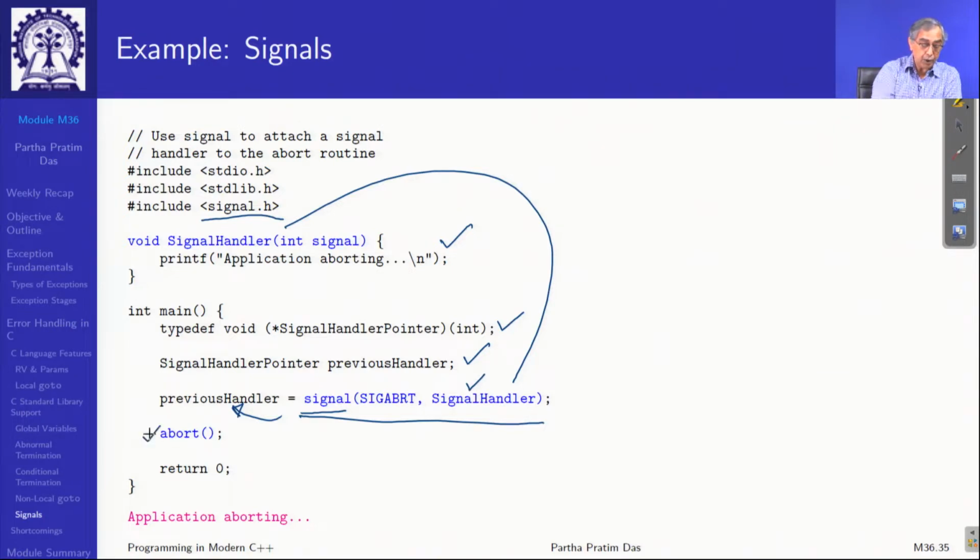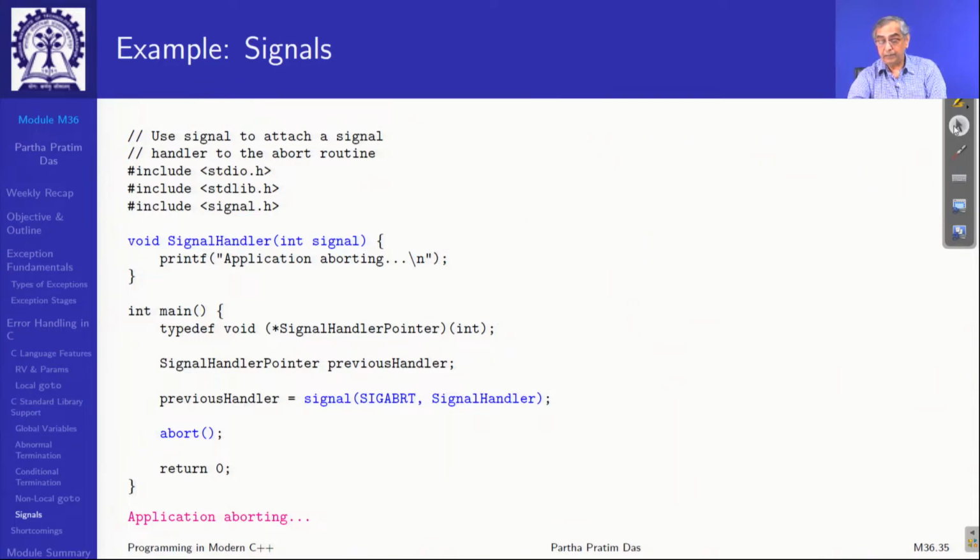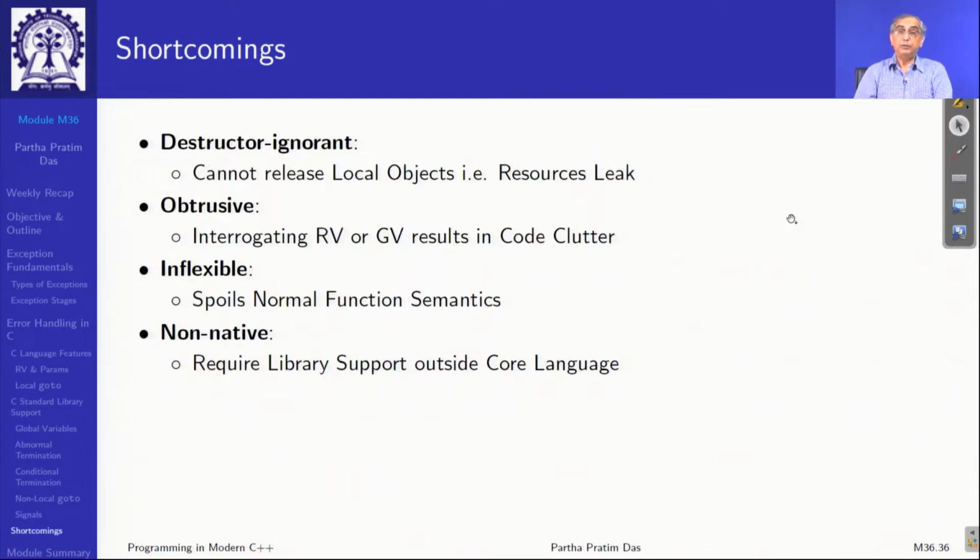So, when I get this signal abort which I have sent myself, I will have this code executed, which says that application is aborting, and then you come and abort, you leave everything and go away. Right. So, these are the different mechanisms that are possible.